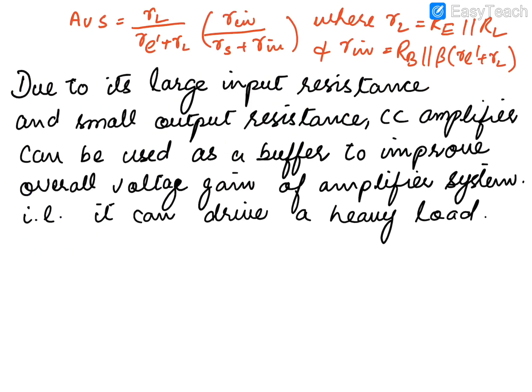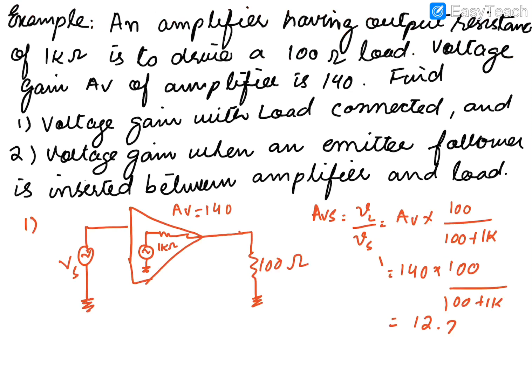Next we will find the overall voltage gain, which will be found simply by multiplying the open loop voltage gain with the voltage division of input stage resistance. Due to its large input resistance and small output resistance, the common collector amplifier can be used as a buffer, which basically enhances the overall voltage gain of the total amplifier system, and it can drive a heavy load.